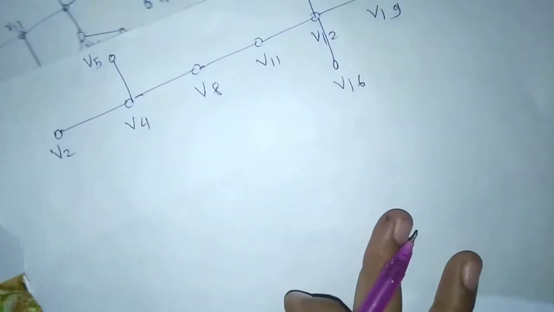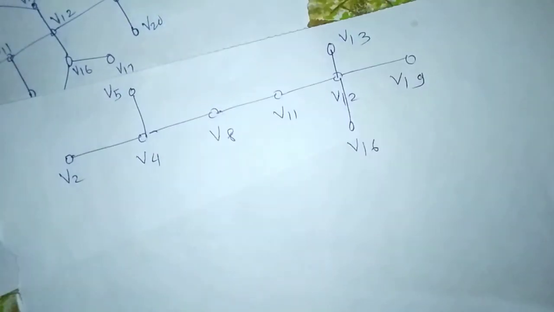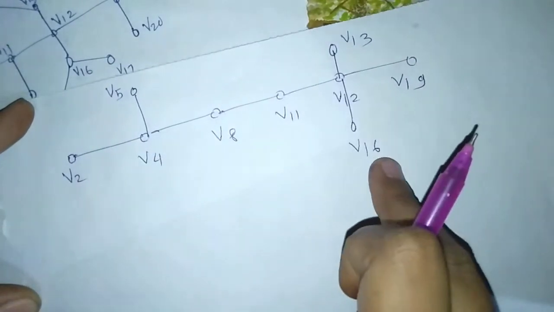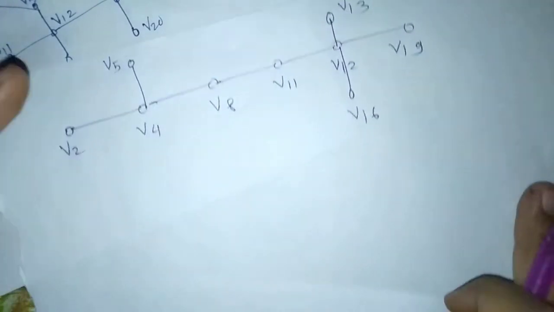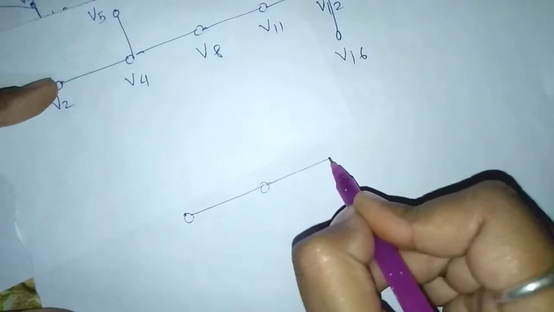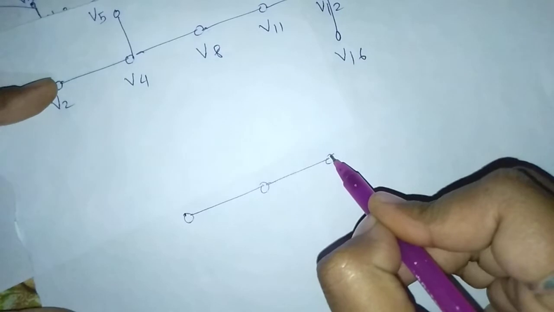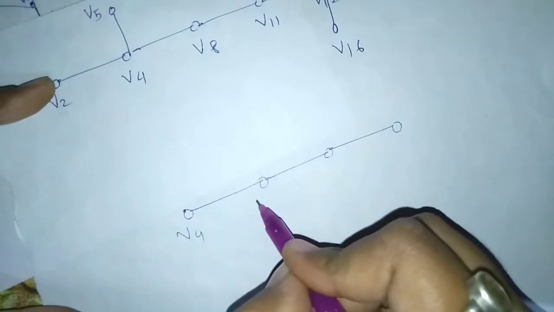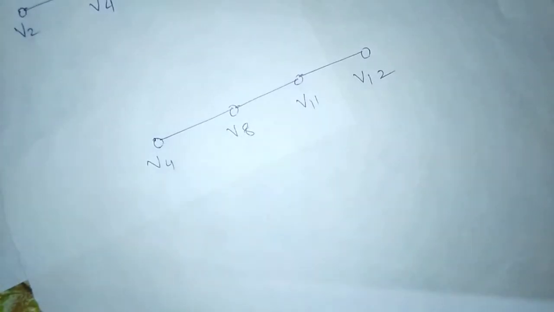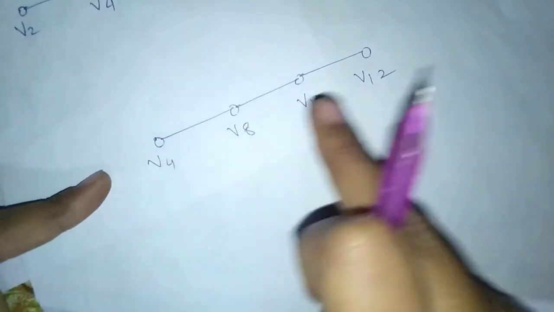Now from this graph also remove pendant vertices. V2, V5, V13, V19, V16 are the pendant vertices. So the graph becomes V4, V8, V11, V12. From this graph, the pendant vertices are nothing but V4, V12.